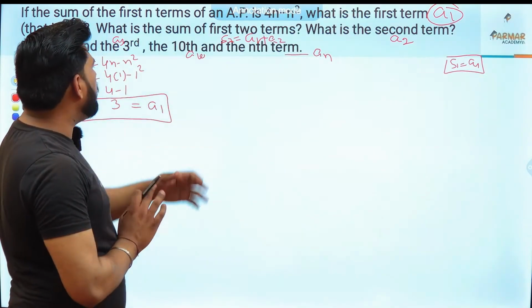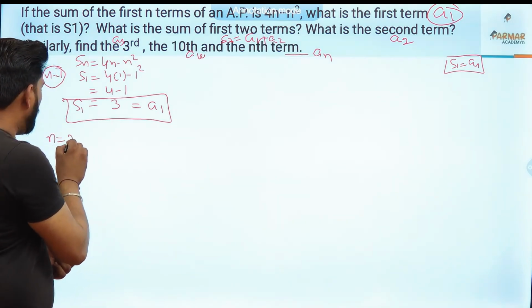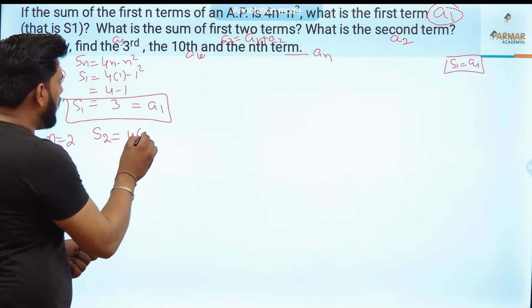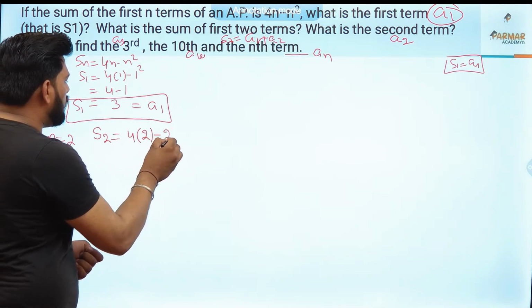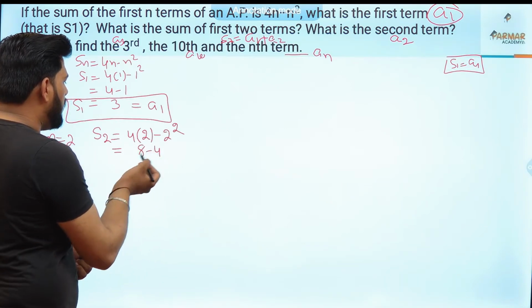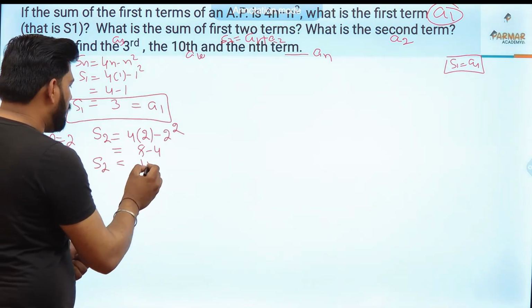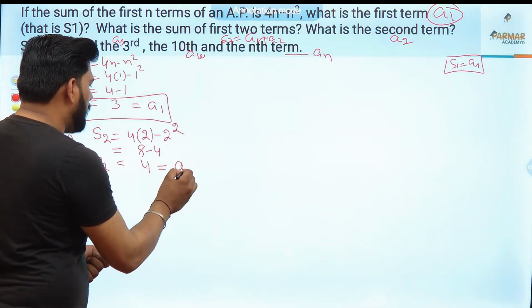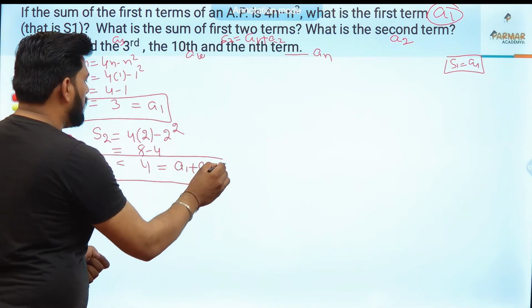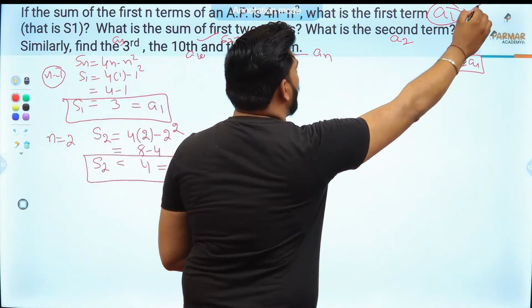Our next task is to find the second term. Before that, we have to find the sum of the first two terms. Now simply replace n by 2 to find S2. S2 is equal to 4 into 2 minus 2 square, that is 8 minus 4, that is 4. So S2 is equal to 4, the sum of first two terms. We have S2 and A1.